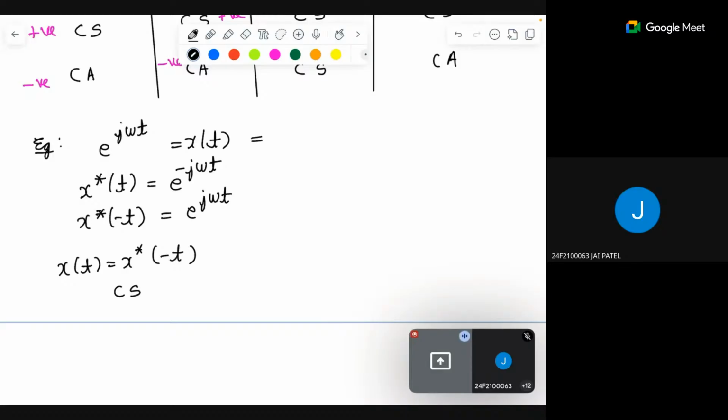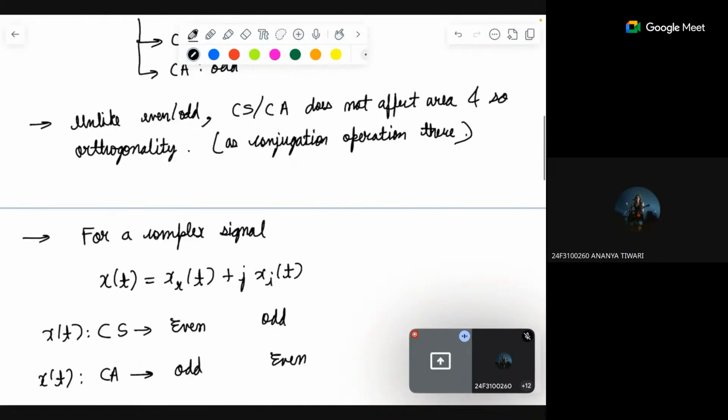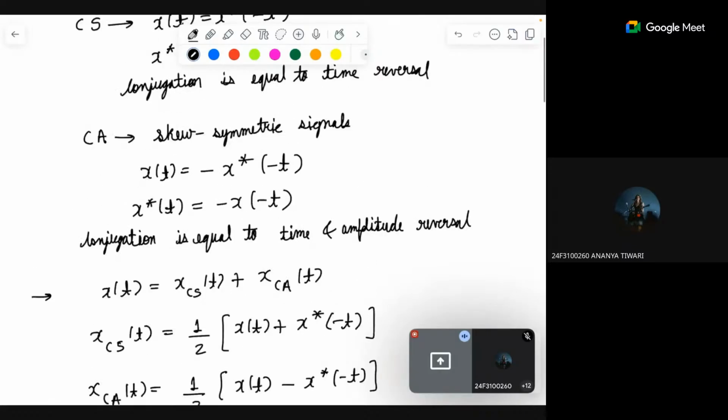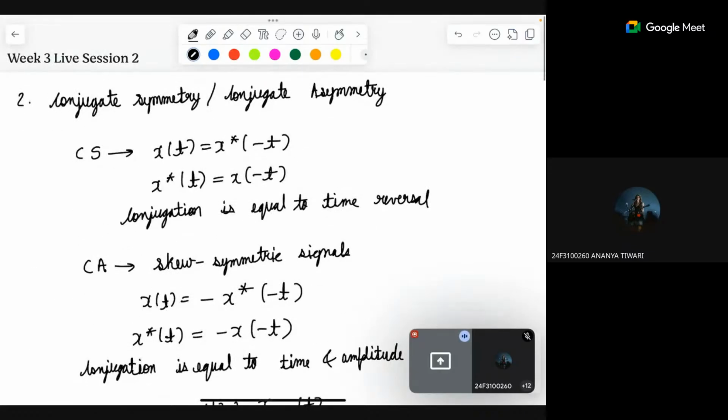Now, if we expand this Euler signal in terms of sine and cos, we will have cos omega t. When we do this for x(t), after that we have to do the time reversal also. When we talk about conjugate symmetric, this is the condition: x(t) is equal to x star of minus t.